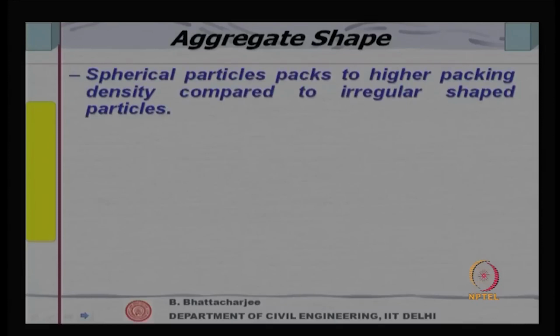Spherical particles pack to a higher packing density compared to irregular shapes.